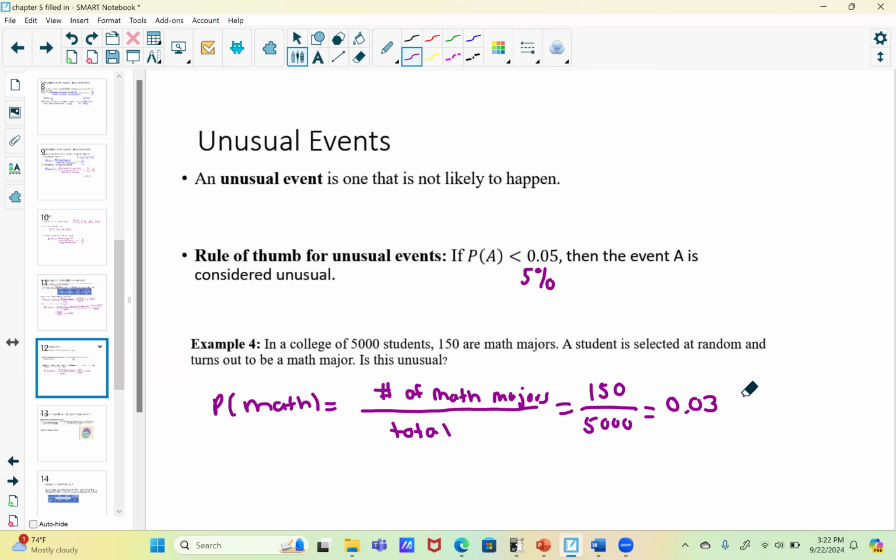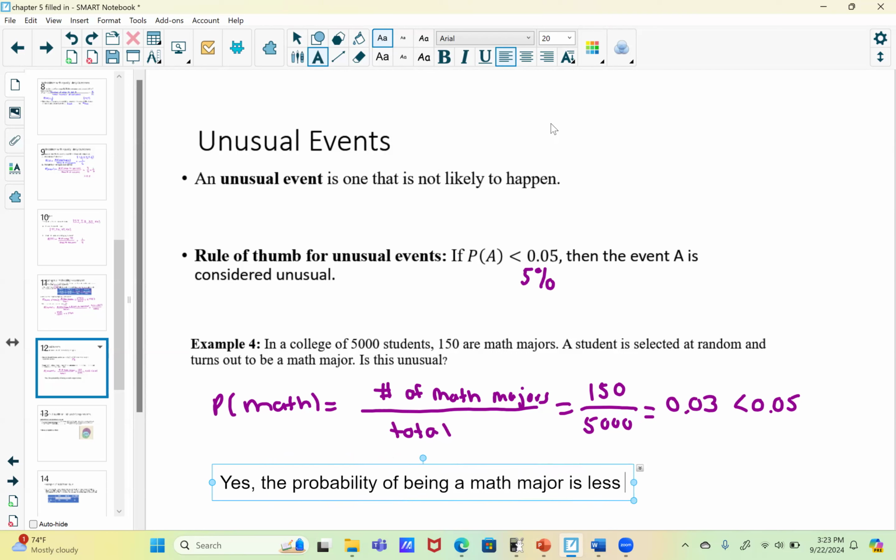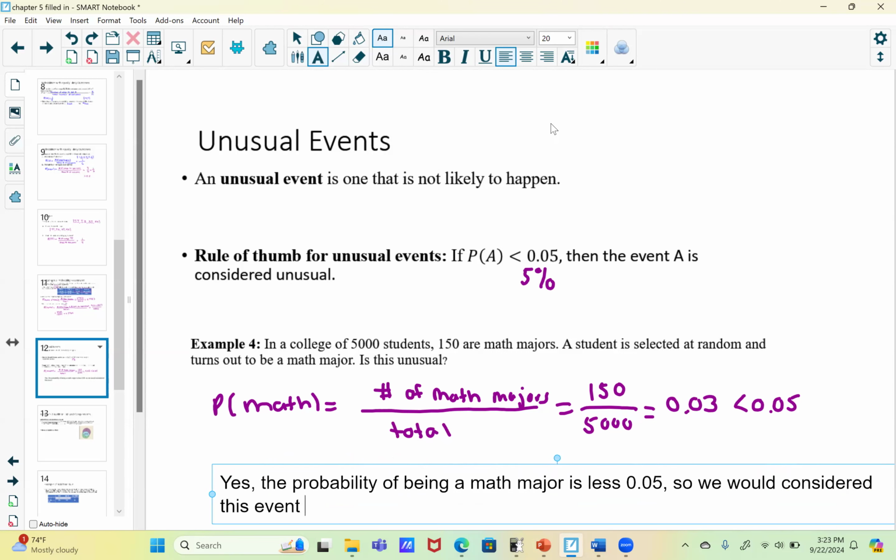Because 0.03 is less than 0.05, we would say yes, the probability of being a math major is less than 0.05, so we would consider this event of being a math major as unusual.